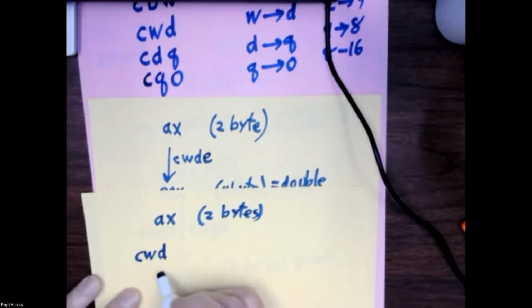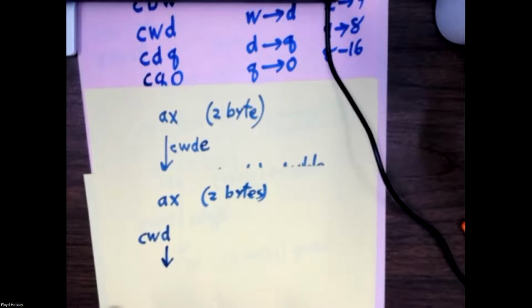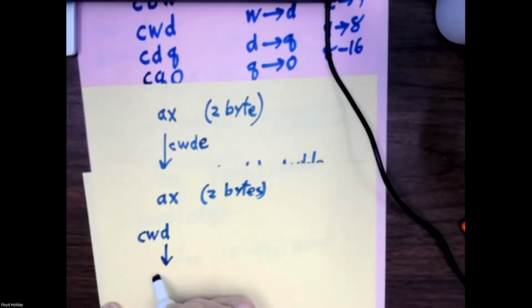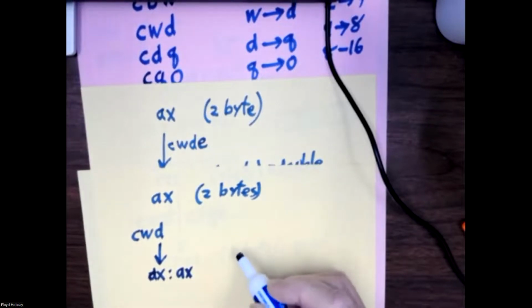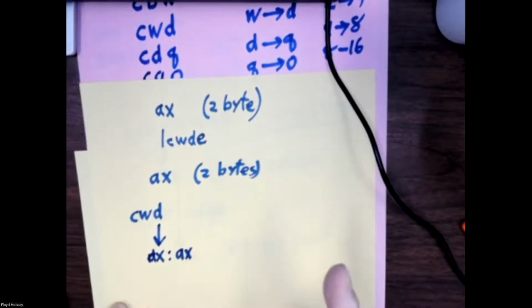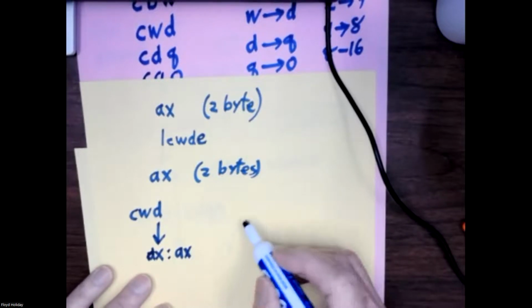It does an extension, but it puts the high end in DX with AX. It uses 2 registers for the outcome.